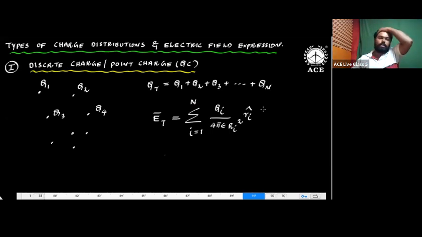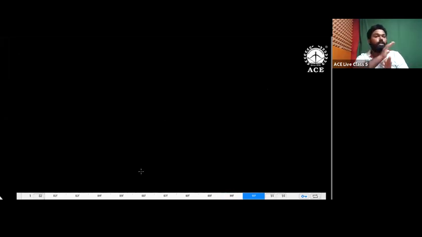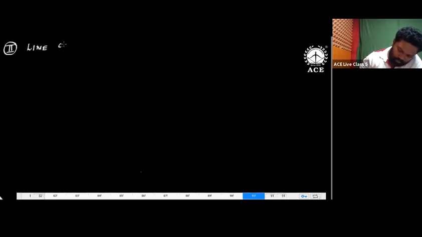Now let us focus on the next type of charge. I am going to turn the page. Charge distribution may happen over the line. Number 2. It is called line charge density or simply line charge. It is rho L. Units are coulomb per meter.